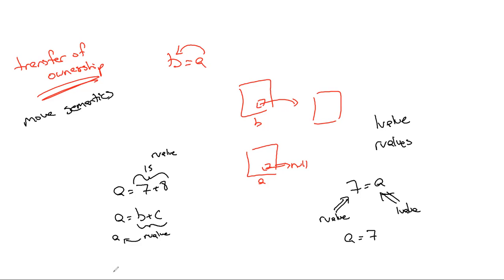Now, why is that important? Let's assume for a second that we have a function foo. And the function foo gets a value. Let's say a string. So it gets a string, some string B. Okay?